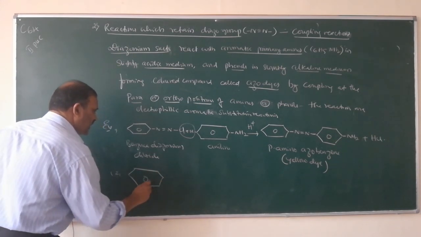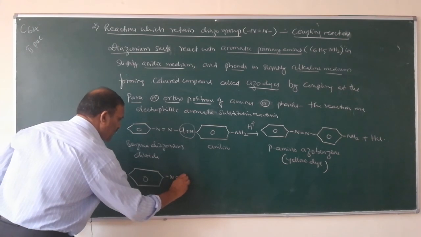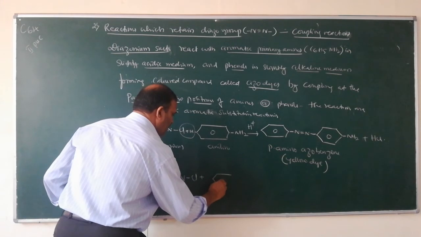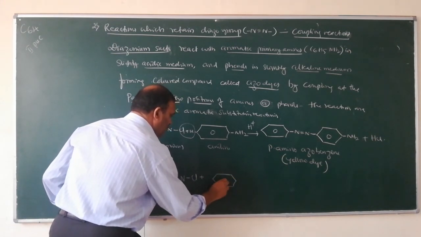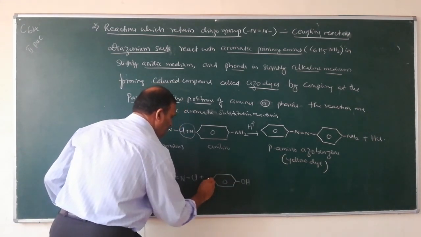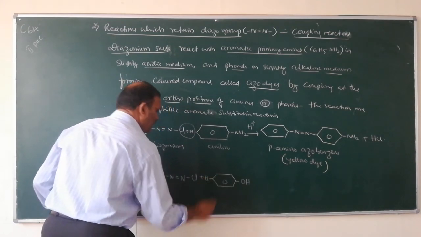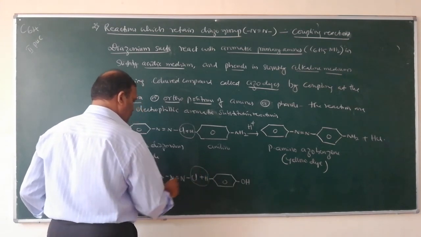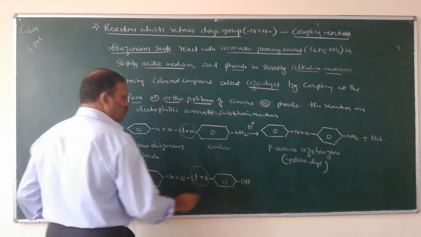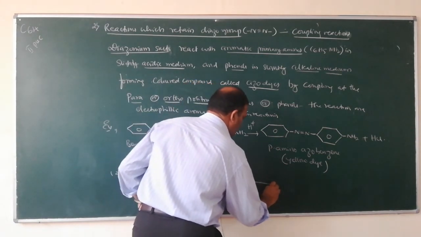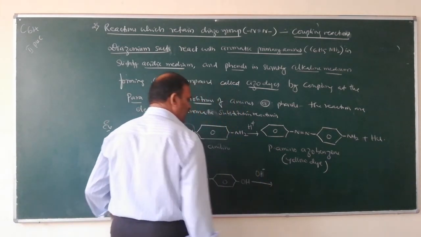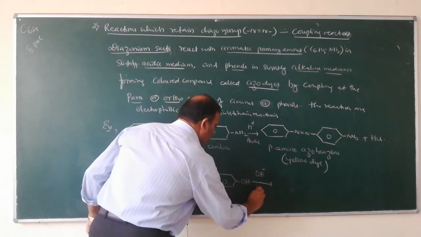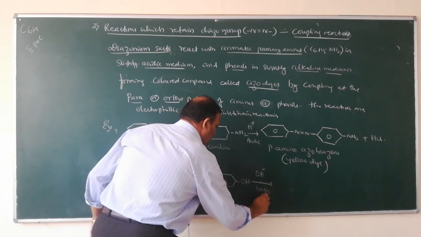Similarly, benzene diazonium chloride, N double bond N Cl, reacts with phenol. Here is a hydrogen atom, phenol. What happens? HCl goes out and these two rings join with each other. This is in slightly basic medium; the previous one was acidic medium and this one is basic medium.